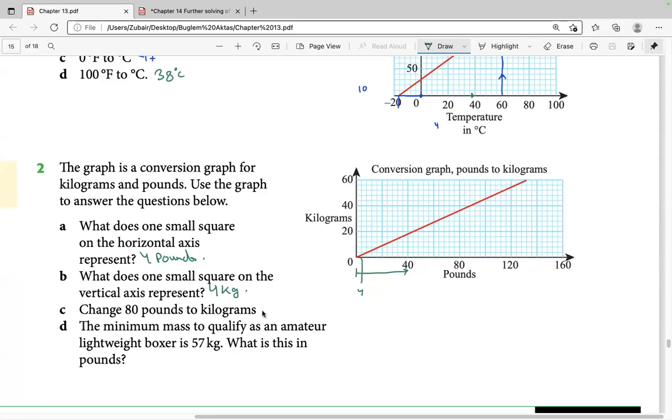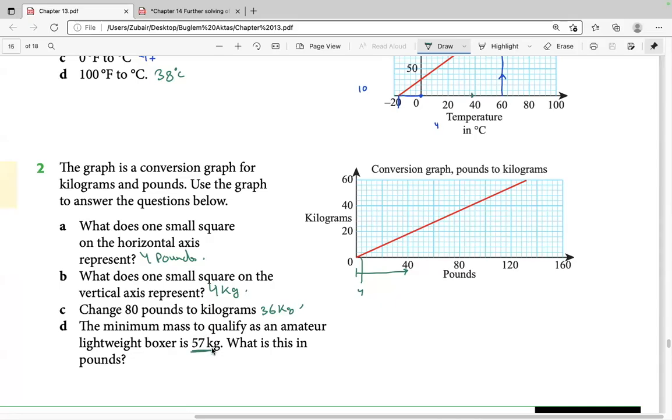Very nice. 36 kg. The minimum mass to qualify as an amateur lightweight boxer is 57 kgs. What is this in pounds?